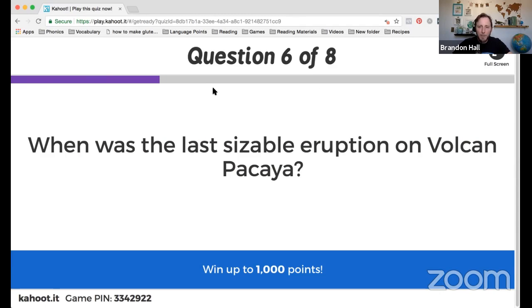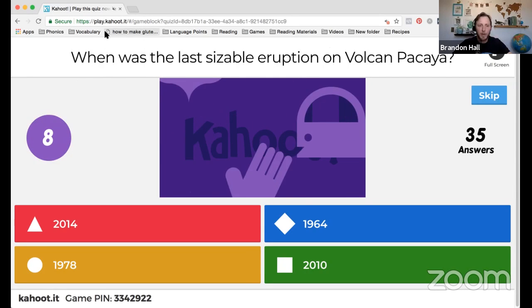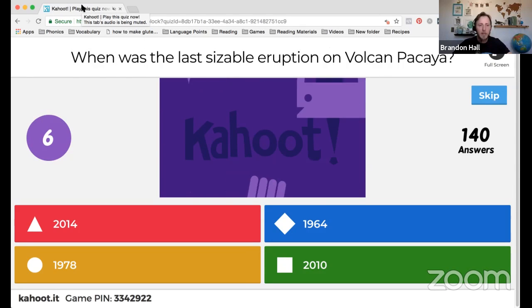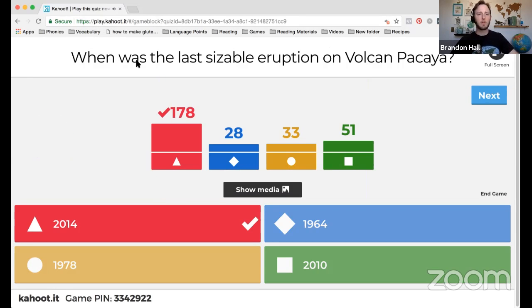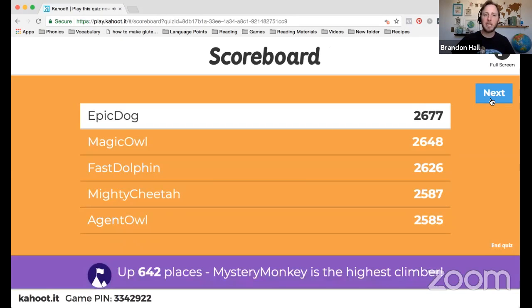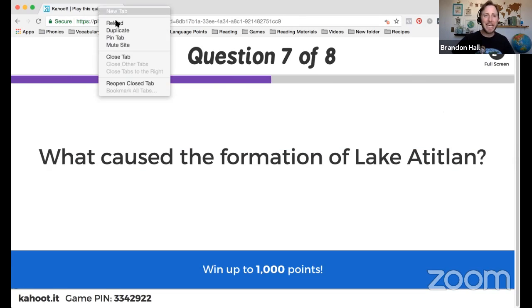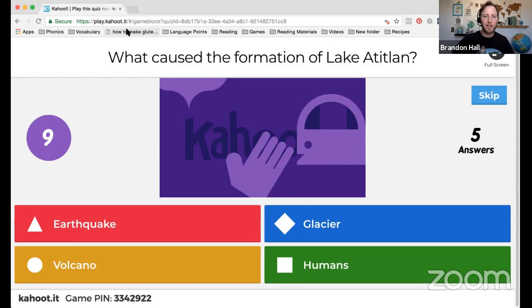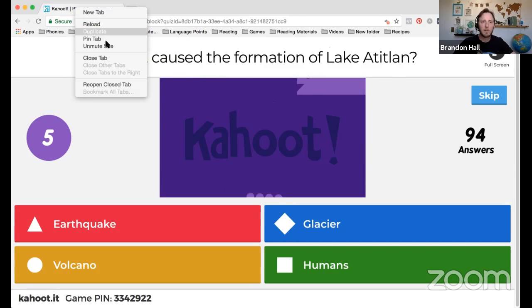When was the last sizable eruption on Volcan Pacaya? 2014, 1964, 1978, or 2010? 2014. Great job, Epic Dog. What caused the formation of Lake Atitlan? Was it an earthquake, a glacier, volcano, or humans?